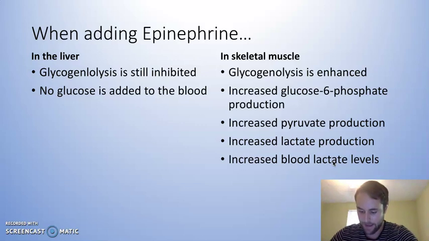In short, epinephrine enhanced glycogenolysis in skeletal muscle and had no effect on glycogenolysis in the liver.